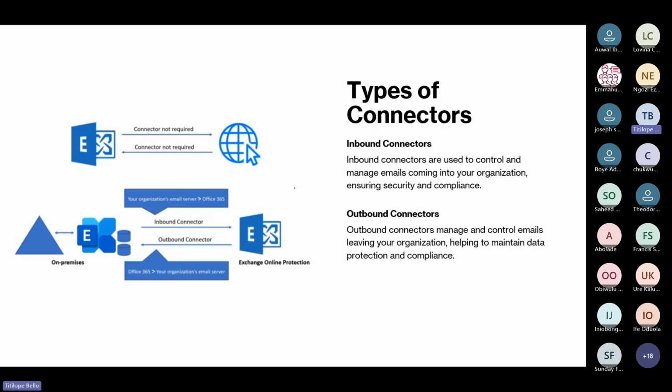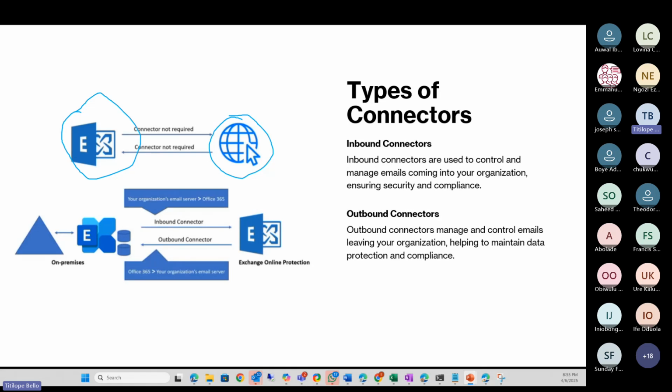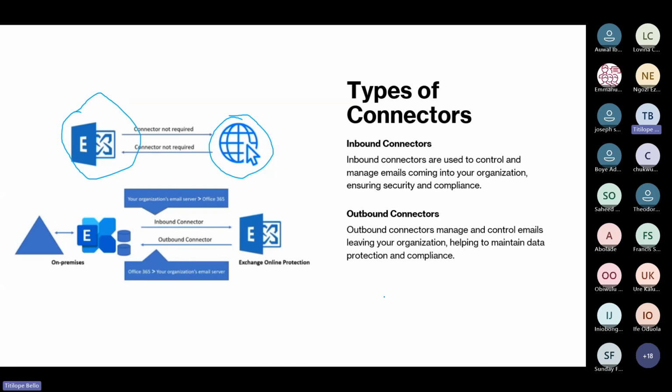If you recall the diagram we used earlier, we were able to see different connectors created for the on-prem Exchange server, and a different connector created for the partner server. Now, if it is internet email directly to Exchange Online, you do not need a special connector. And we could see that from my own tenant. I don't have any connector right now.